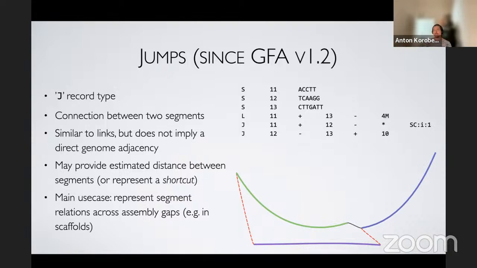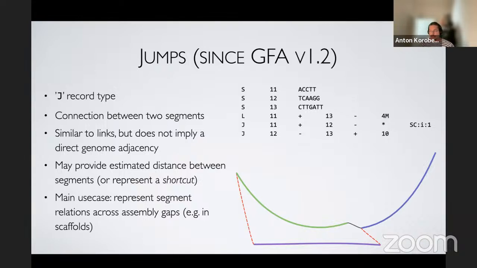For example, if there is some particular variation, like an insertion, and we want to keep that, let's say we have a diploid assembly, then we can have two links, but we can represent a jump to say that this is the insertion, and we might jump over if necessary. So in all, jumps represent segment relations across assembly gaps, for whatever reason the assembler produced that.